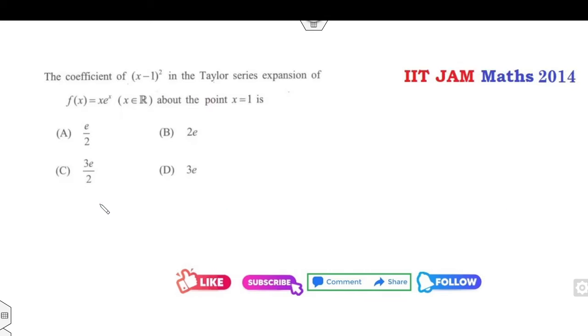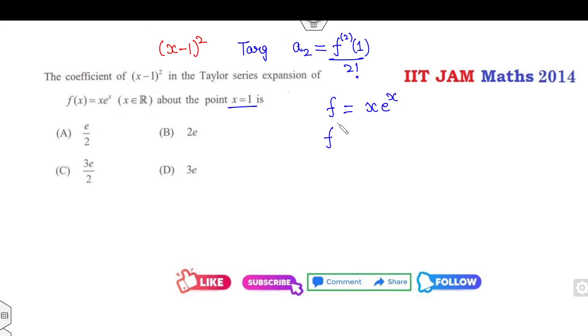Look at this another one. The coefficient of this in the Taylor series. You can see your target is to find the coefficient of this. That means your target is to find a2. And what is the coefficient a2 in the power series? Second derivative at the point 1, divided by 2 factorial. So what is my f(x)? f(x) is x into e^x. Can you find the first derivative?